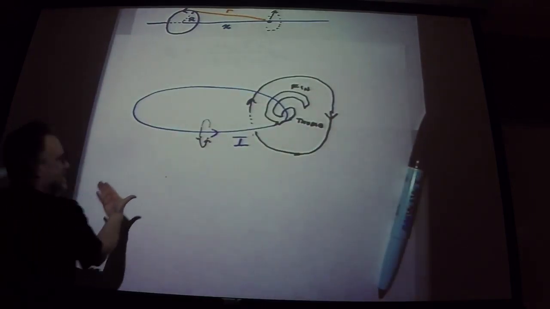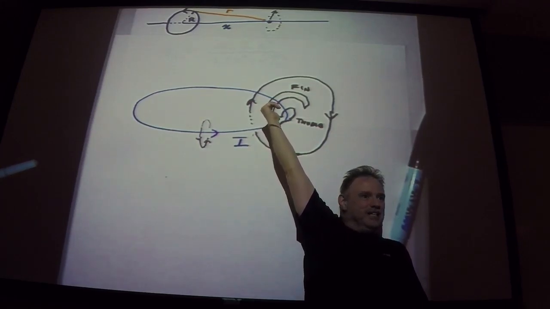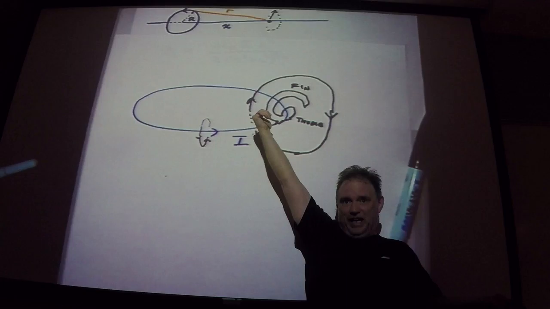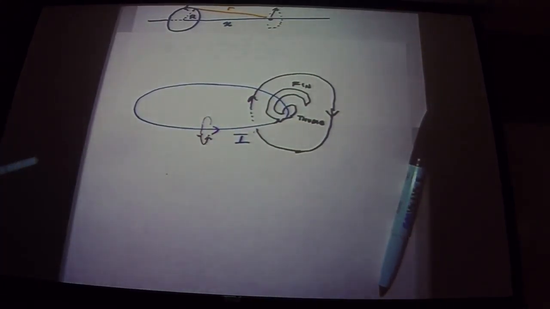That's the way we do it with a long straight line, and that's the way it's defined. But there is a simpler trick to figuring out what the magnetic field is doing on the inside of a current loop.